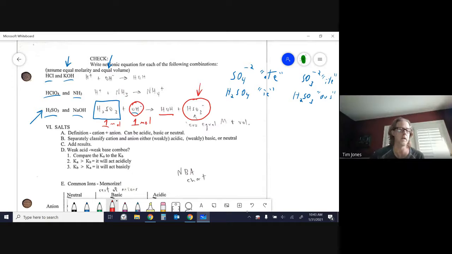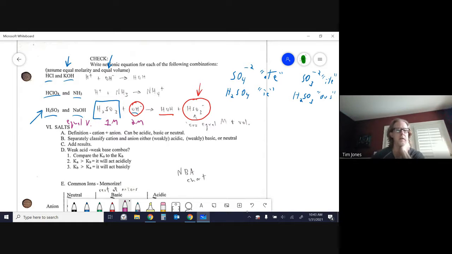In the case that you would take both hydrogens off, would be if the problem had said, let's say, forget what it says above, but let's just say that instead of it saying equal molarity and equal volume, it said you had equal volume, but let's say that this was 1 molarity and this was 2 molarity.